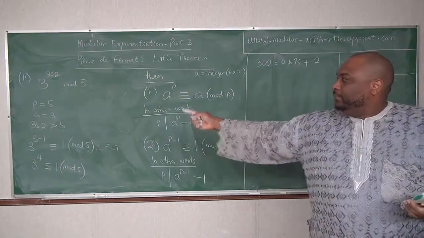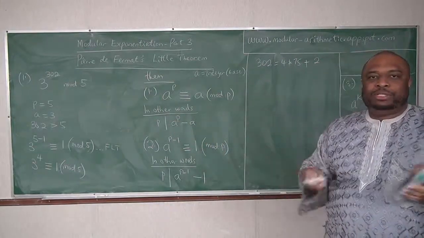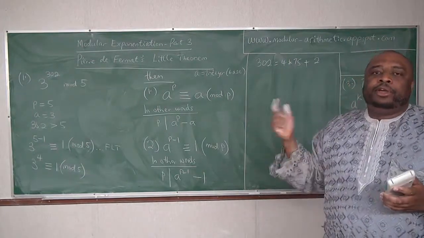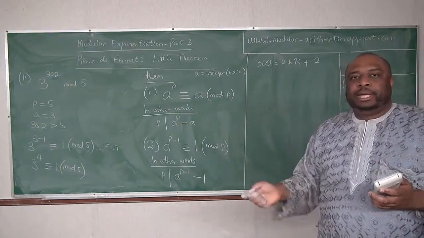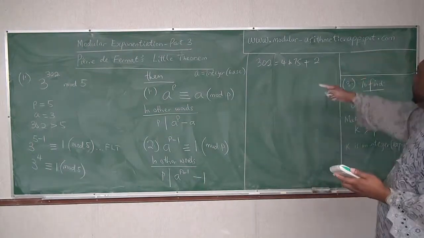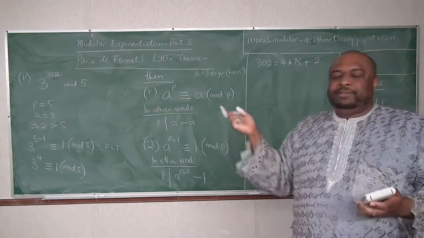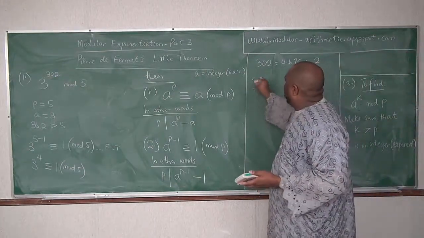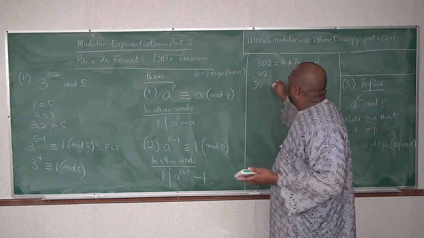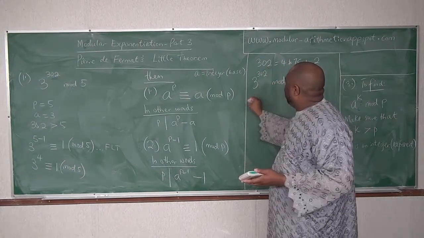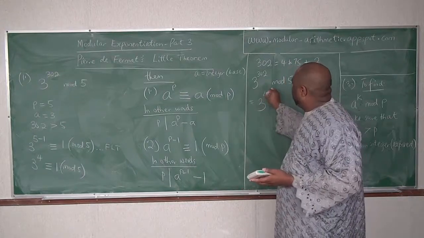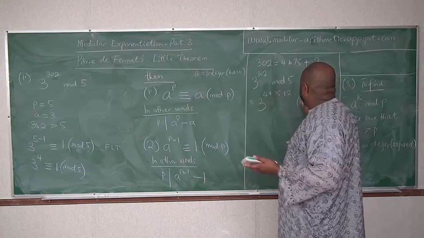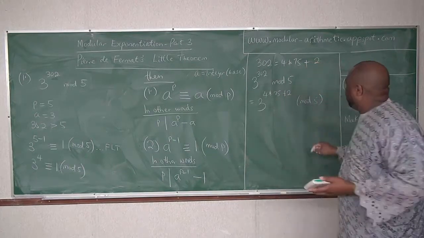We divide 302 by 4 because we want to simplify everything. So 302 is 4 times 75, remaining 0.5 times 4, remaining 2. If you want to verify it, 4 times 75 is 300, plus 2 is 302. So this means that 3 exponent 302 mod 5 will give us 3 exponent 4 times 75 plus 2 in mod 5.